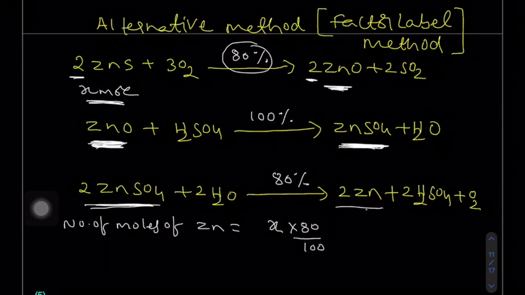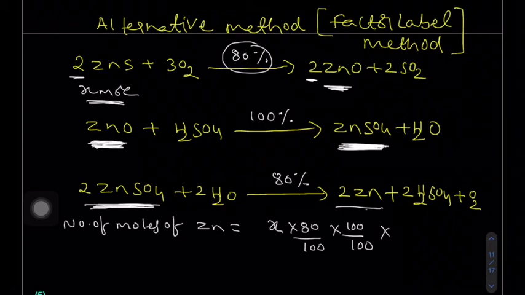Now 1 mole ZnO will give 1 mole ZnSO4. So X into 80 by 100 will give X into 80 by 100 moles of ZnSO4. Now the percentage yield is 100%. This will be the number of moles of ZnSO4. Now 2 moles of ZnSO4 will give 2 moles of Zn, that means 1 mole of ZnSO4 will give 1 mole of Zn.